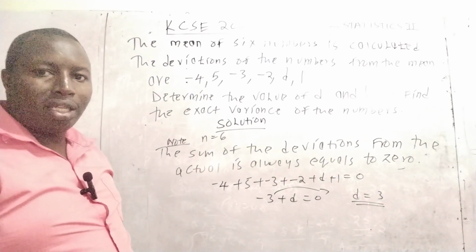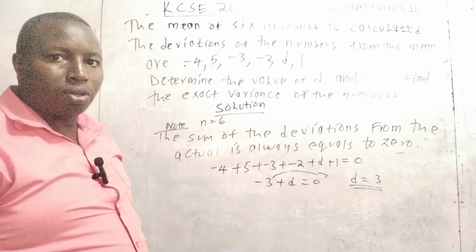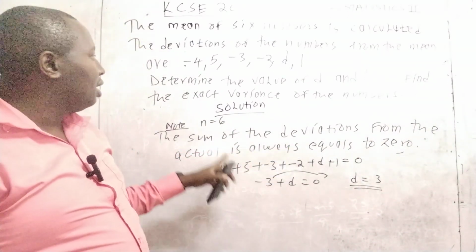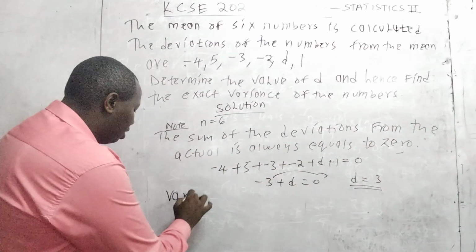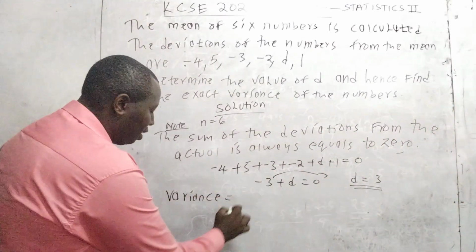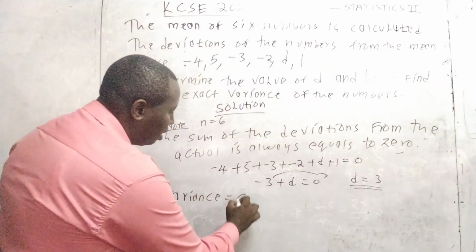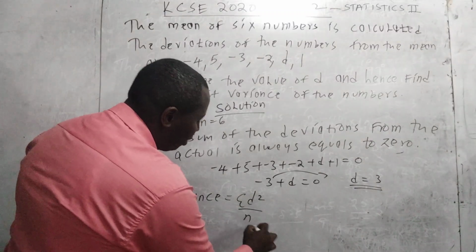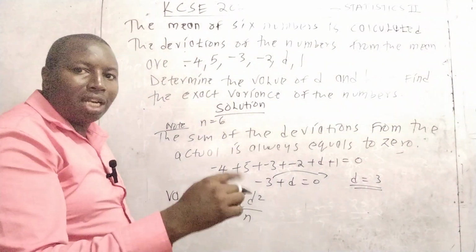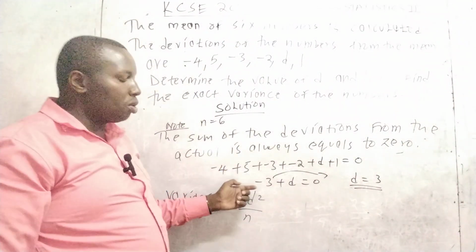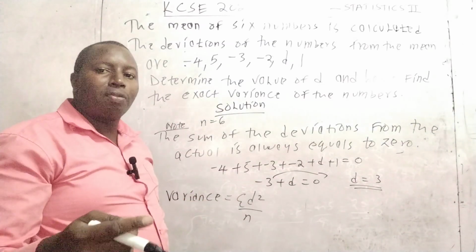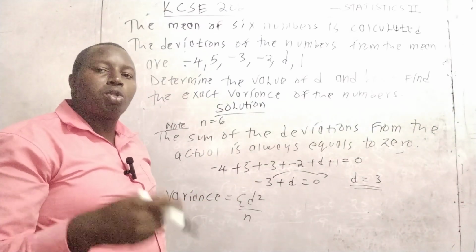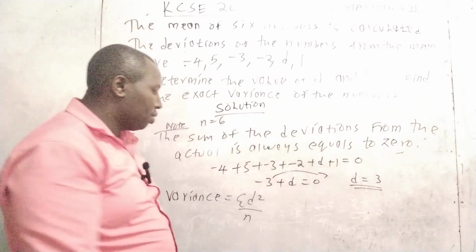Then the next thing you are told is, hence calculate or find the exact variance of the data. Variance of such kind of raw data is always given by sigma d squared over n. Because the sum of the deviations is 0, when you want to get the variance, you square the deviations the way they are.